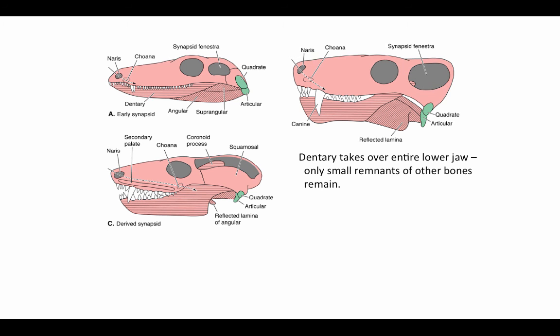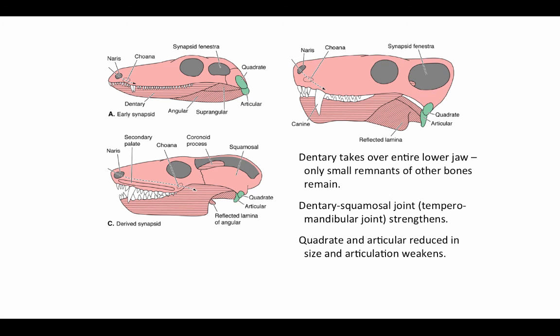When the dentary takes over the entire lower jaw, only small remnants of the other bones are going to remain. So the quadrate and articular are becoming very, very small now. This other joint between the dentary and the squamosal is going to be strengthened and is going to be much more the force-bearing joint that the mammals are using to withstand those chewing forces.